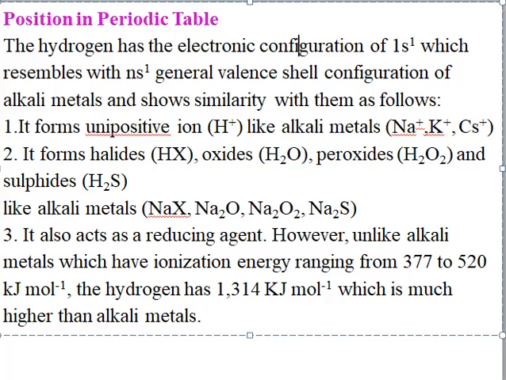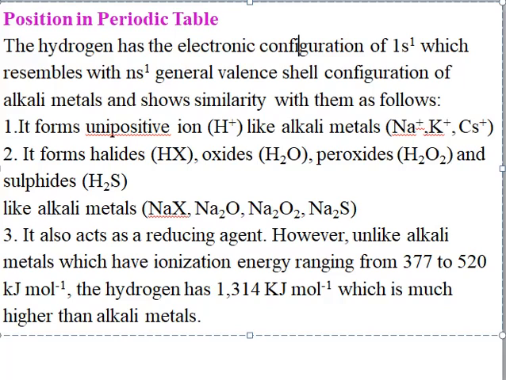But when you compare the ionization energies, the ionization energy of the alkali metals ranges from 377 to 520 kJ mol⁻¹. But for hydrogen, it is almost double or triple. It is 1314 kJ mol⁻¹, which is double or triple the amount of the alkalis, very much higher than that of the alkali metals.